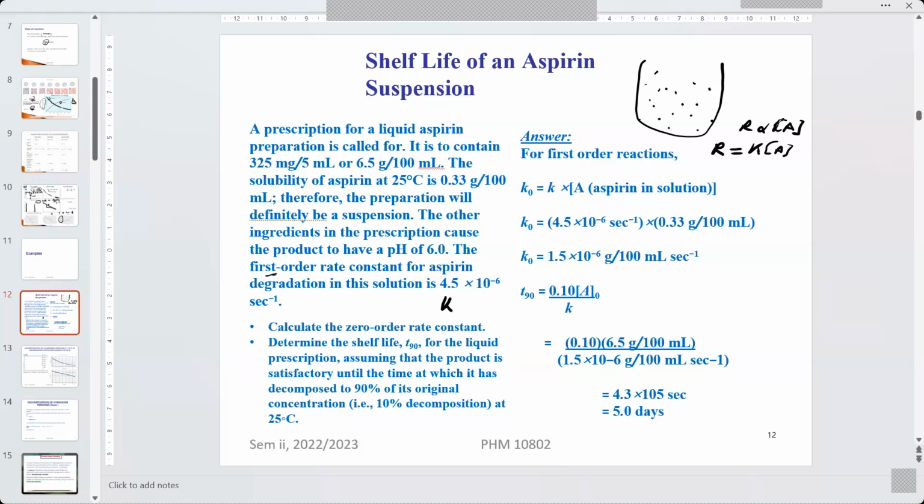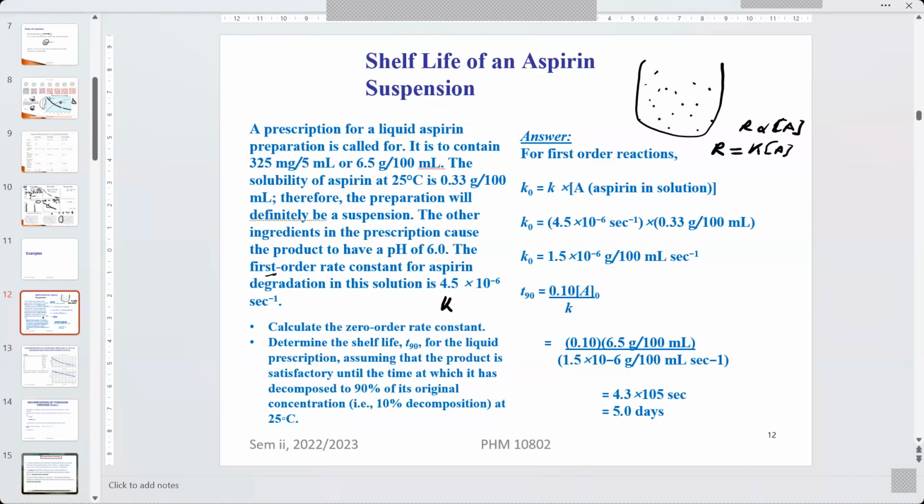And the K, the reaction rate constant for aspirin degradation by first order, is 4.5 multiplied by 10 to the power negative 6, with the unit per second. So I understand from this that the reaction rate will be dependent on the concentration. If the concentration decreases, the reaction rate will also decrease.